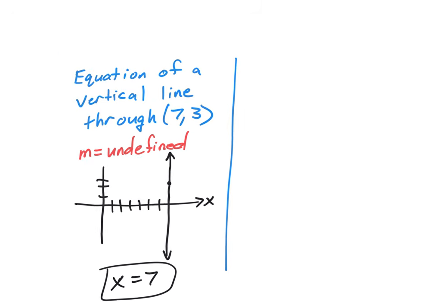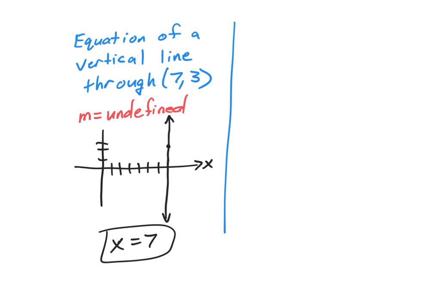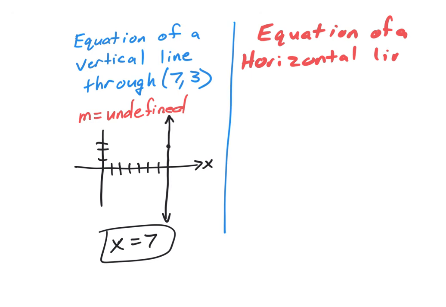I could do the same thing for a horizontal line. If I wanted to write an equation of a horizontal line that goes through the ordered pair 1, -6.